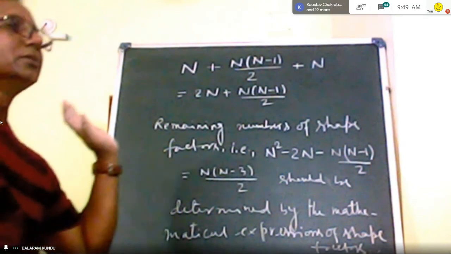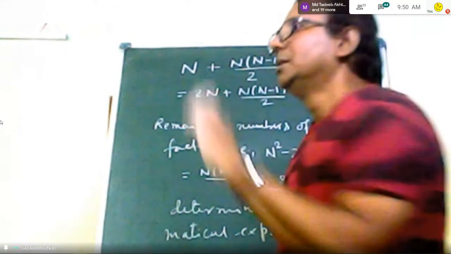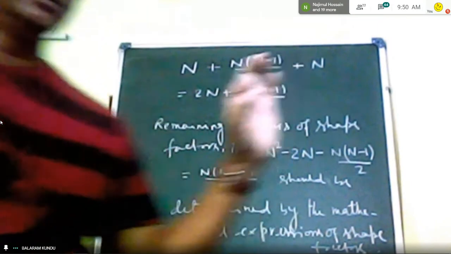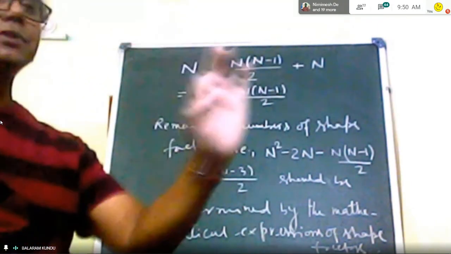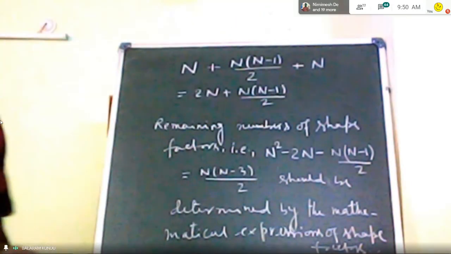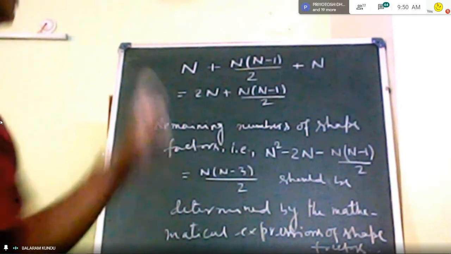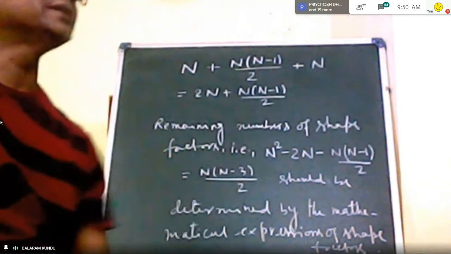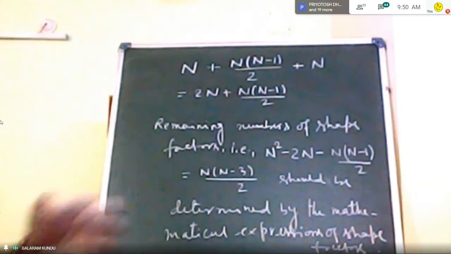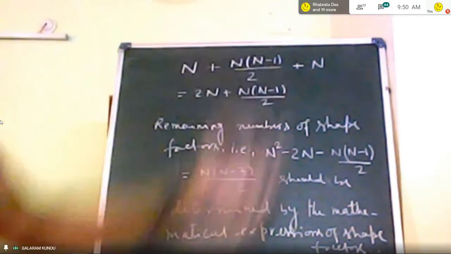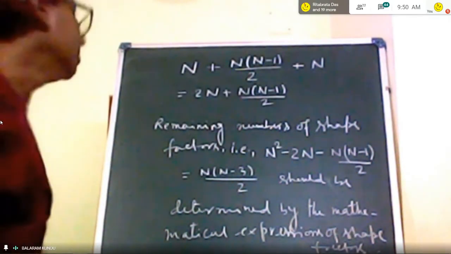Summation rule, if we employ, then n number of shape factor will be possible to determine. But we have to determine n square shape factor. So from that n square shape factor, n number of shape factor is possible to determine by applying the summation rule.